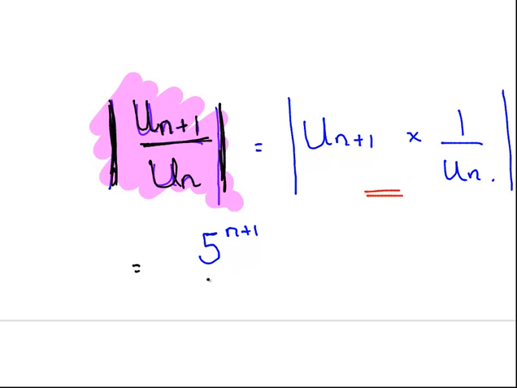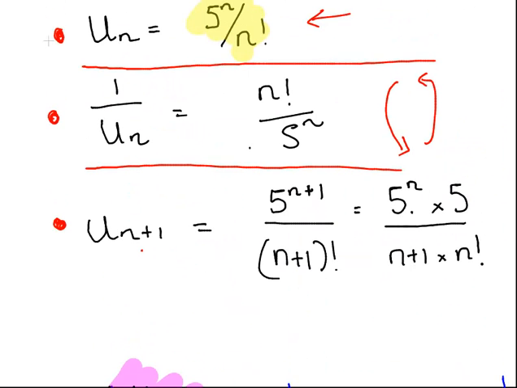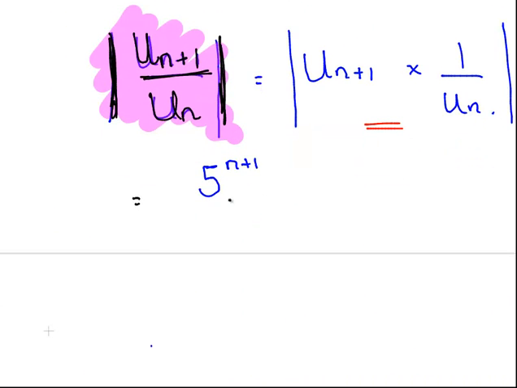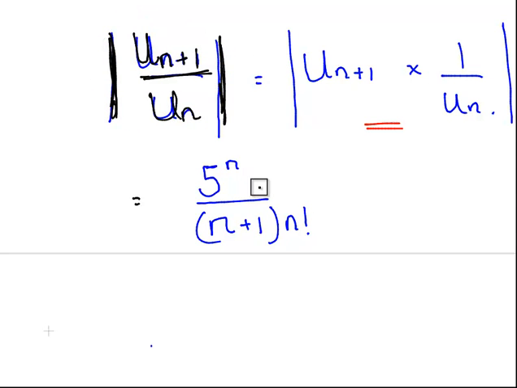So we have 5 over n plus 1, times n factorial, that's u of n plus 1, with the 5 term out here.